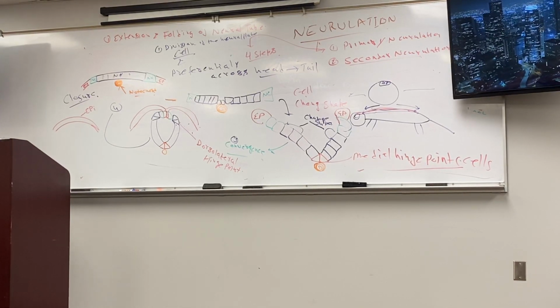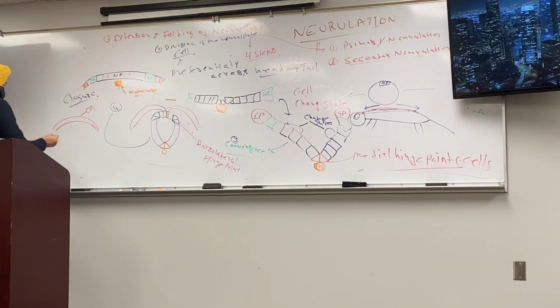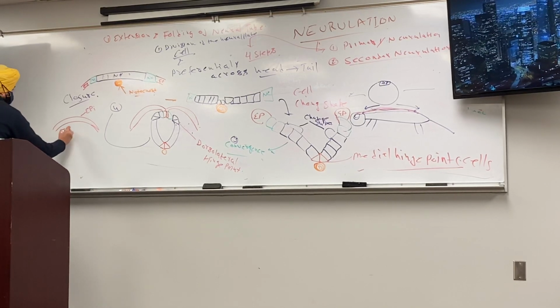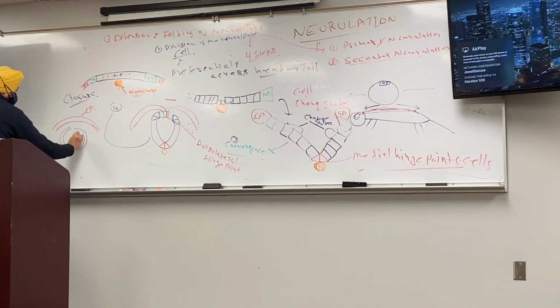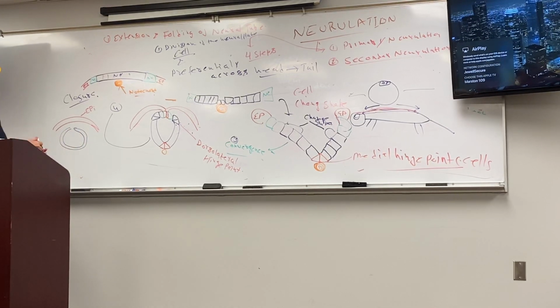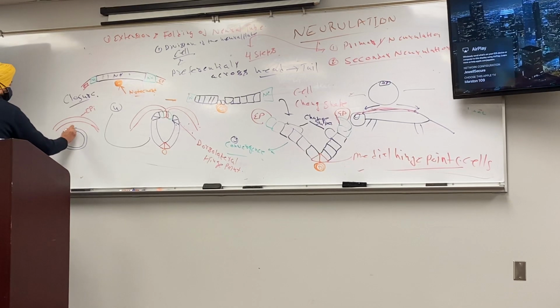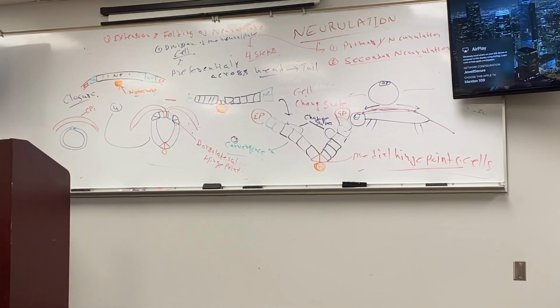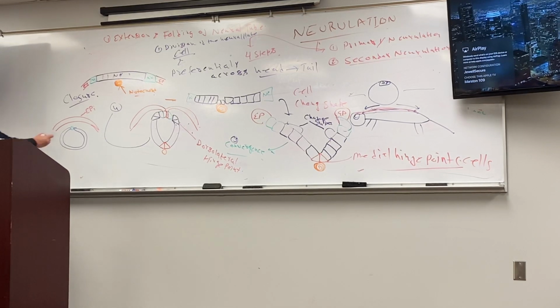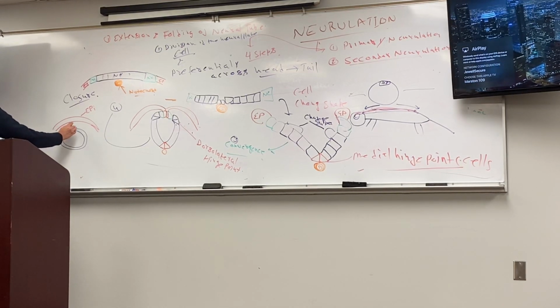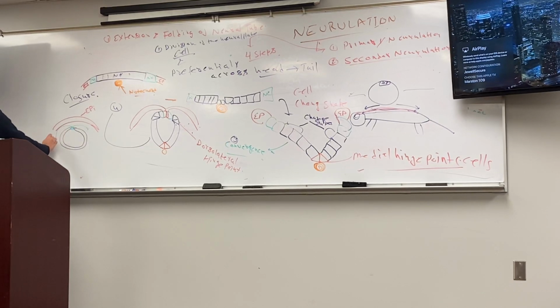And then right here, you get these cells, they have formed a tube-like structure. And here you still have those green cells, neural crest cells. Okay? And then what happened? These neural crest cells move out from here and they go away.